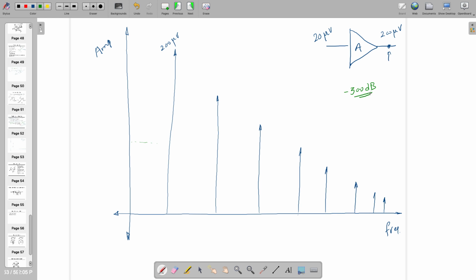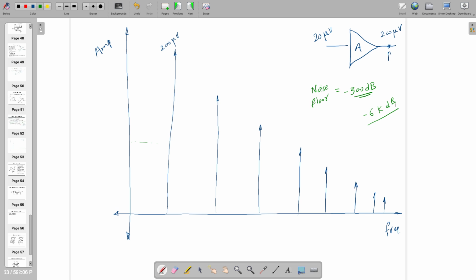In Cadence, that is the noise floor. The minimum amplitude which can be seen is minus 300 dB. If you are seeing anything other than that, let's say minus 6 kilo dB, which is very common, it means you have done something wrong.